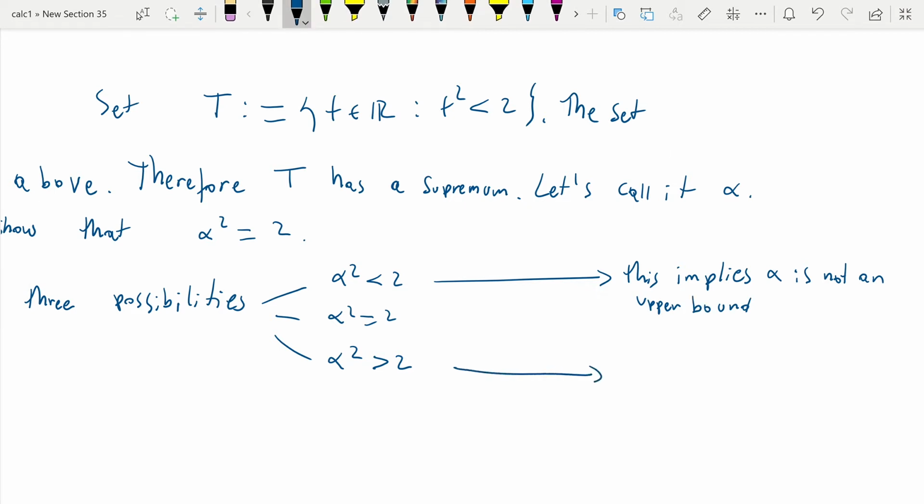The last one shows that alpha is not the least upper bound.